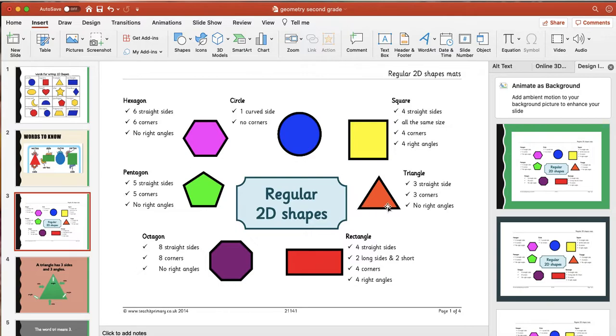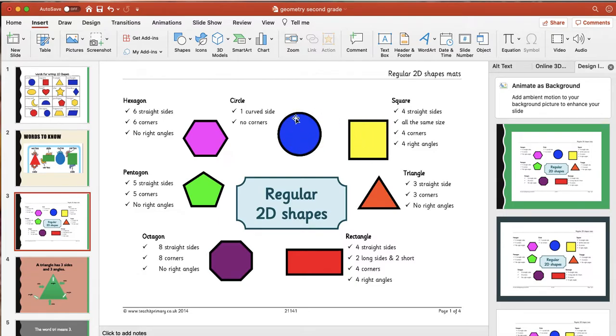Then we have a triangle, which has 3 sides and 3 corners. 1, 2, 3. Square has 4 sides and 4 corners. 1, 2, 3, 4. And all of its lines are the exact same, not like the rectangle where it has 2 long and 2 short. In a square, they're all equal.